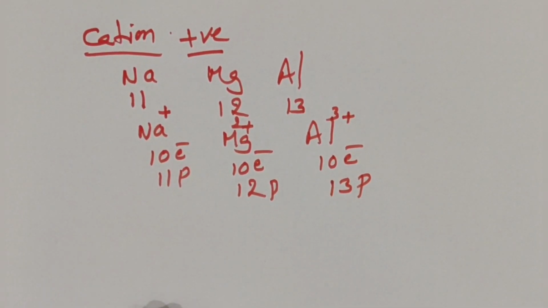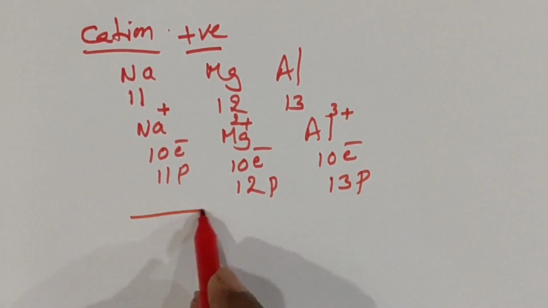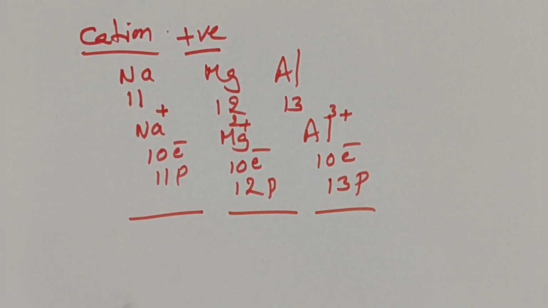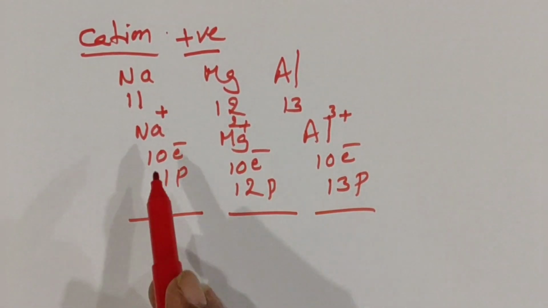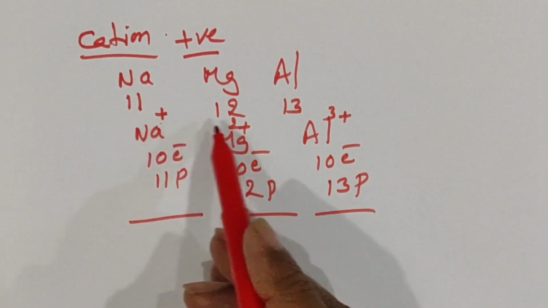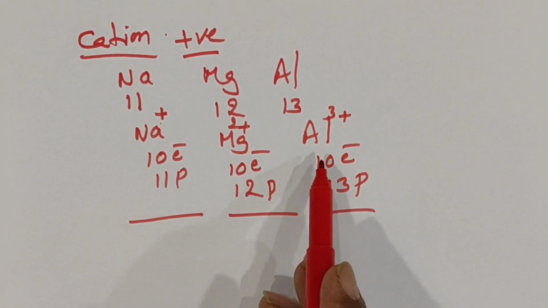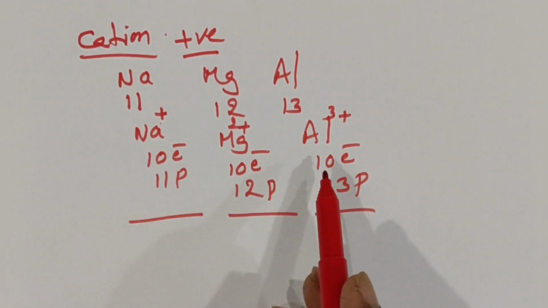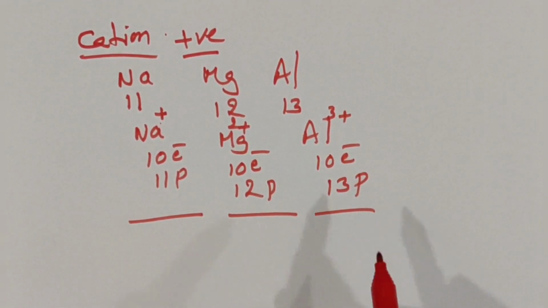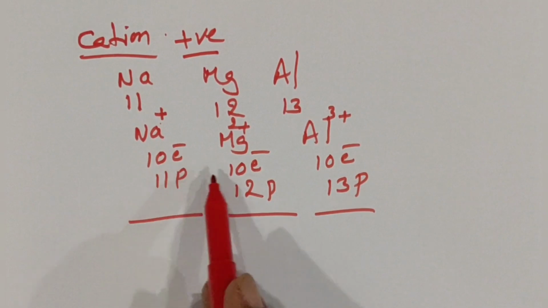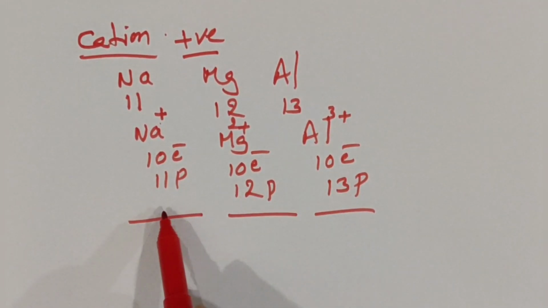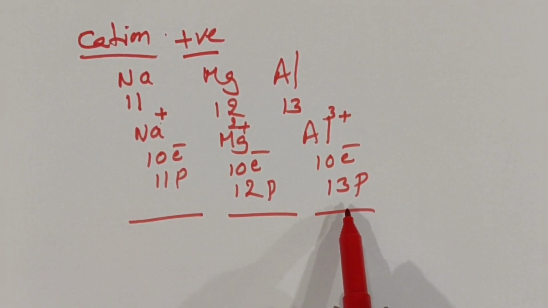Now you have to observe these three ions: as the positive charge increases, +1, +2, +3, the size of the ion decreases, because the electrons are the same but the number of protons increases.